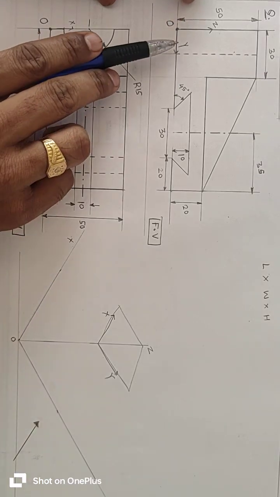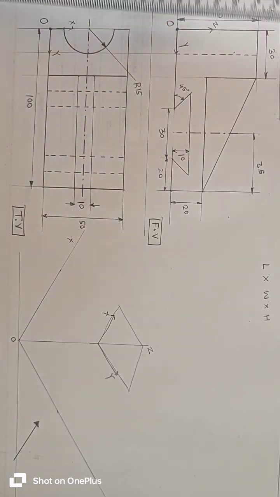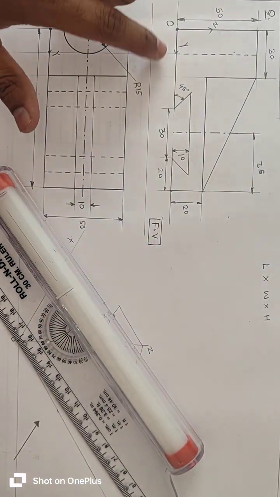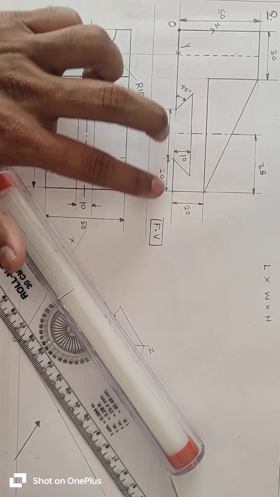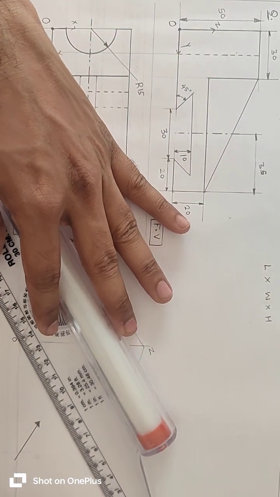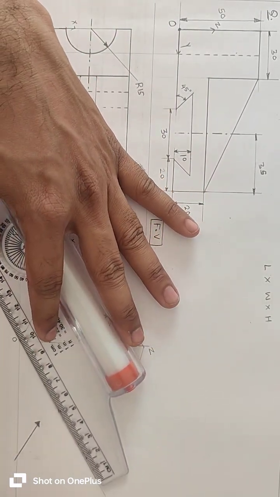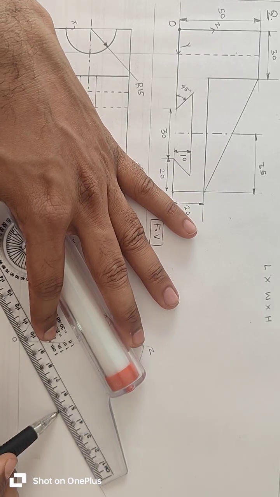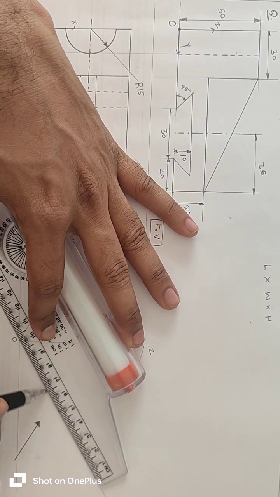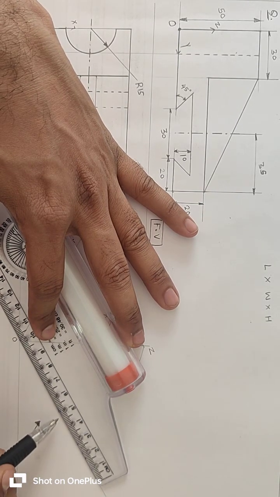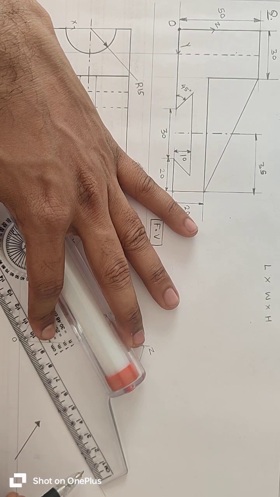So we can draw first 50 mm, then 30, and then 20. We will mark this point 5 mm from O. This will be a dark line. Then there is a gap of 3 mm, and then again a 2 centimeter line.